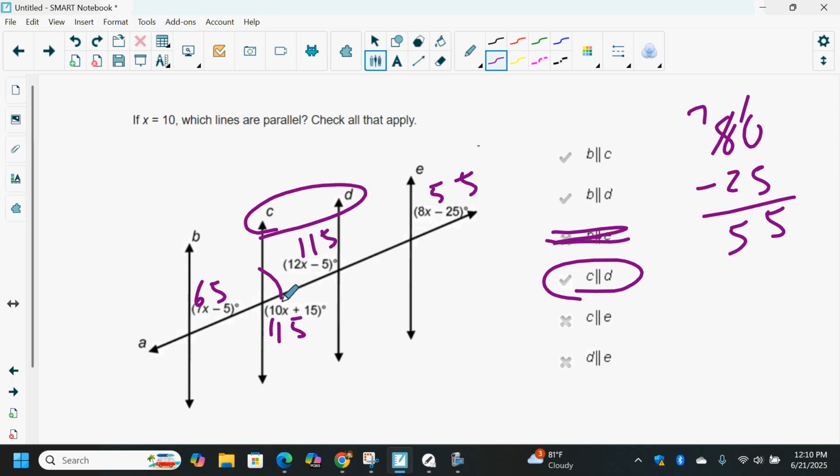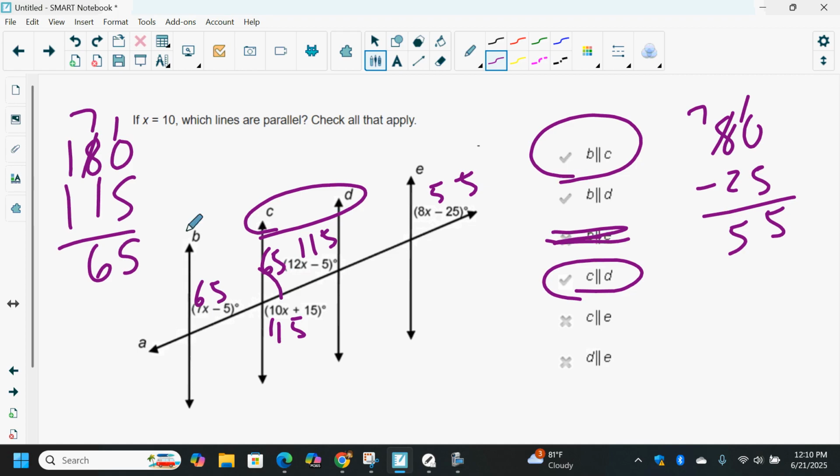They have to equal 180, so I would subtract 115 from 180, which would be 65. That means that B and C are parallel and that B and D are also parallel. But D and E are not, and C and E are not, because 65 is not equal to 55.